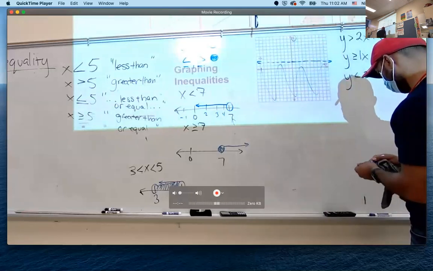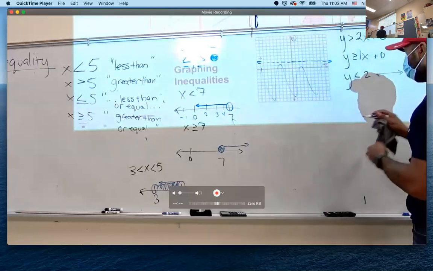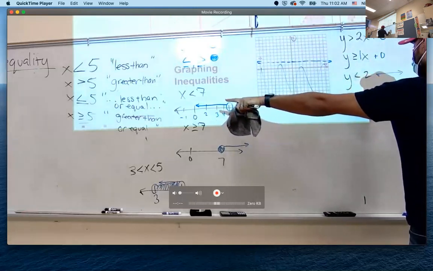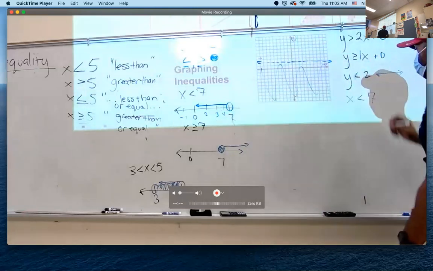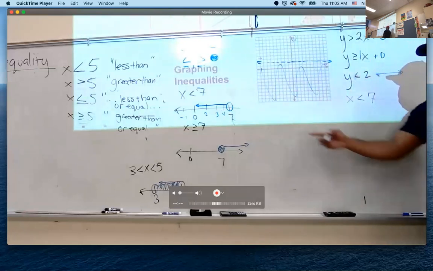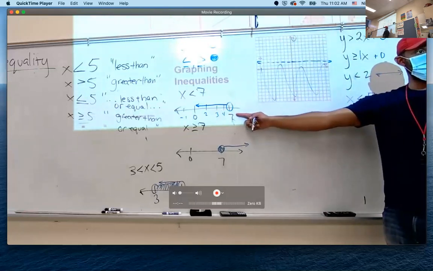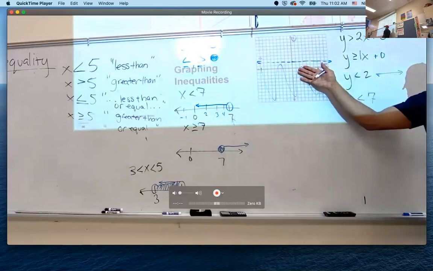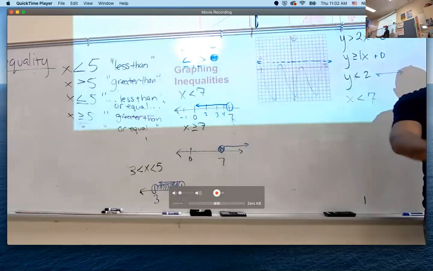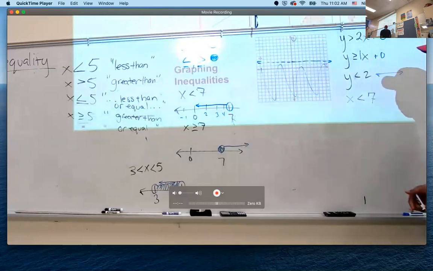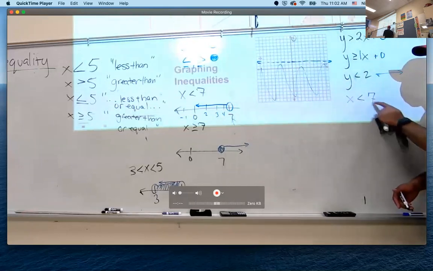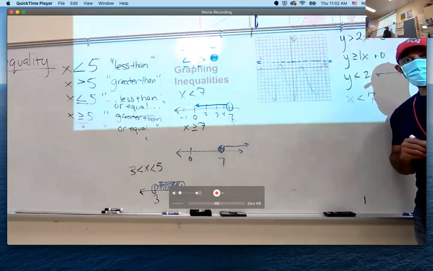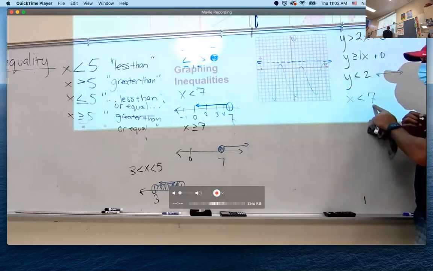Last example: x is less than 7. Remember, we graphed it on just the number line, but we can also put it on here. You do the exact same thing, except here I go to the x-axis, and now I start at 7.